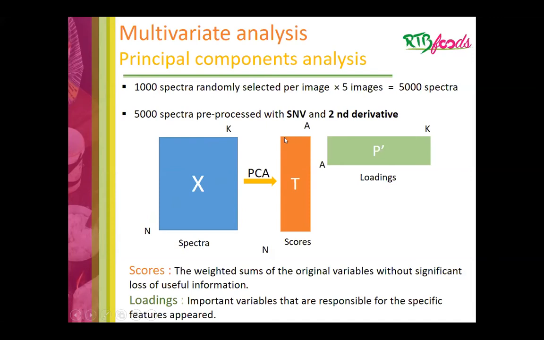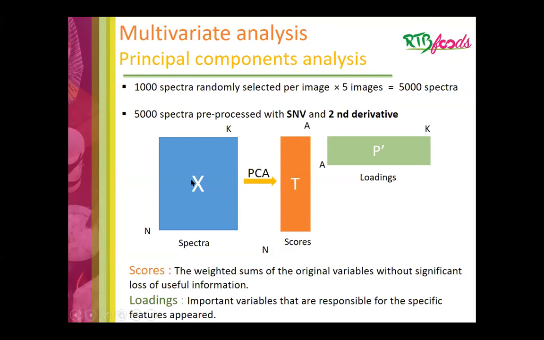That means that the first component will explain the maximum of the variability in the data, and the second one will explain the variability that is not explained by the first one, and so on.